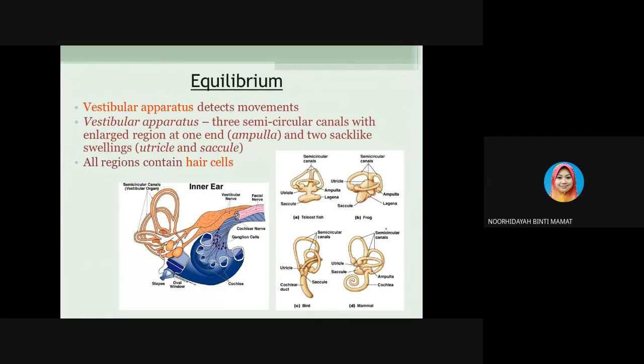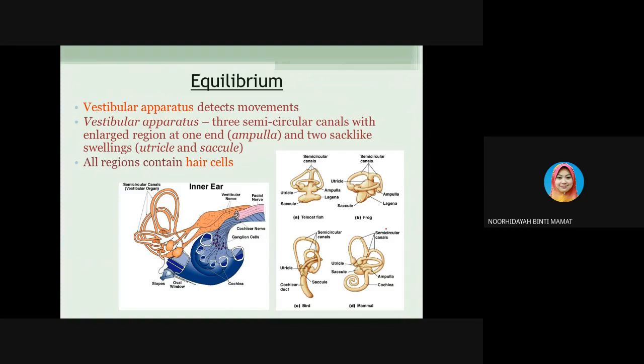Okay, so the vestibular apparatus is actually the three semicircular canals that comprise enlarged regions at one end, which we call the ampulla, and also two sac-like swellings, which we call the utricle and saccule. And all of these regions contain hair cells.